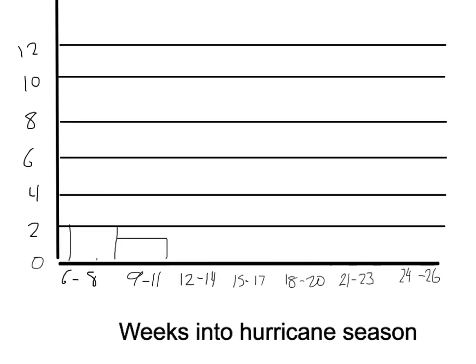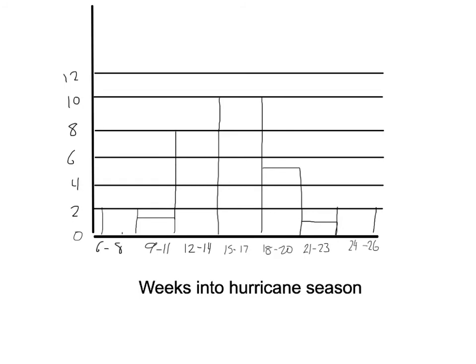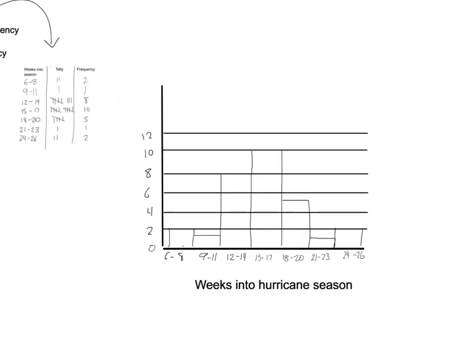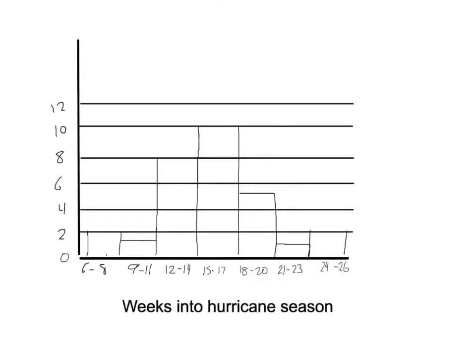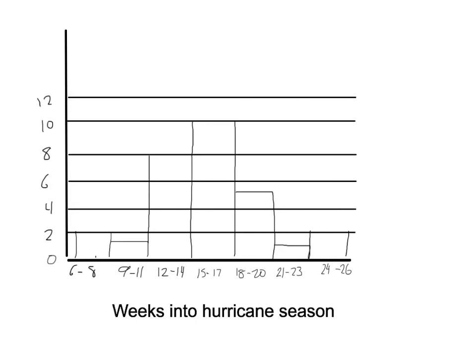All right, so what's really cool about these histograms, when they look like this, is that we can visually see patterns, okay? And this is important because, what if we want to go to Florida? And we know, obviously, hurricanes happen, so we kind of go, well, when should we go? And someone tells you, well, hurricane season starts on June 1st, and you're like, okay, that's true. But does that mean automatically that we shouldn't go on June 1st?